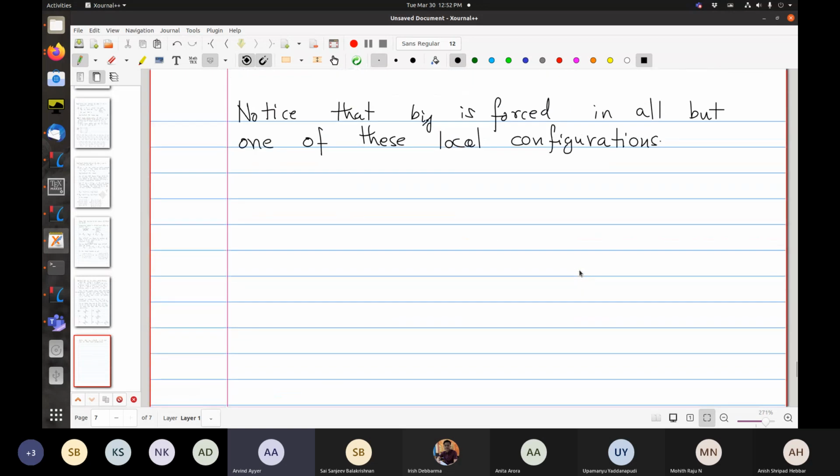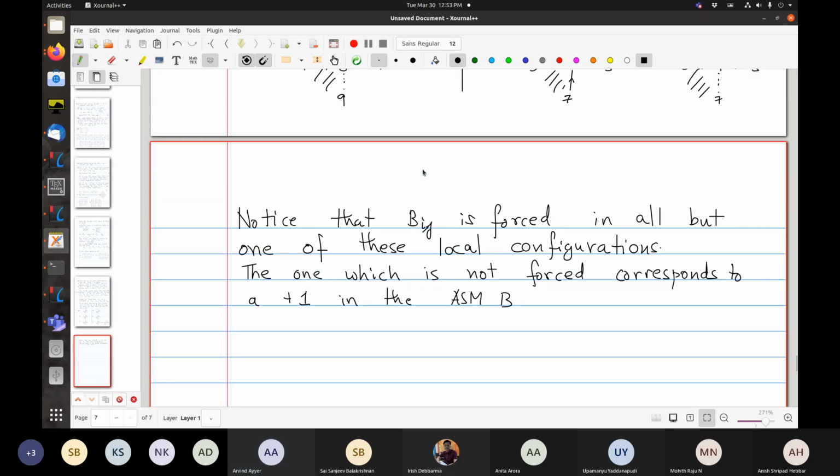Okay. The one which is not forced corresponds to a +1 in the ASM B. Sorry, this should be B prime.